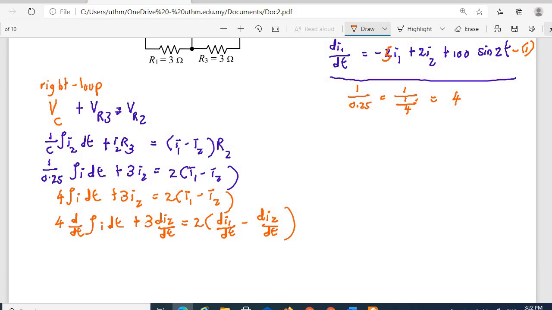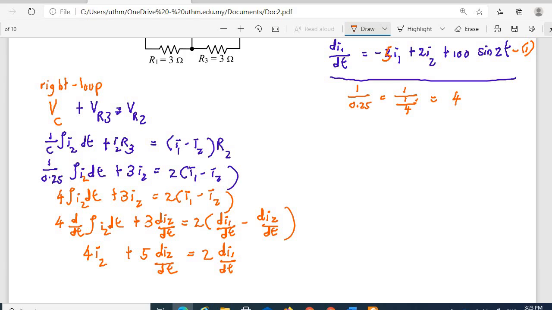So d/dt of integral I dt gives only I2, so 4 I2, plus 3 dI2/dt. The right hand side is minus 2 dI2/dt, collect with the left hand side 3 dI2/dt, so the total is 5 dI2/dt equal to 2 times dI1/dt.